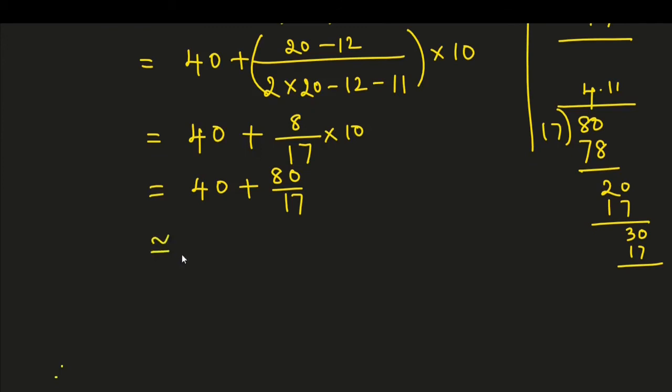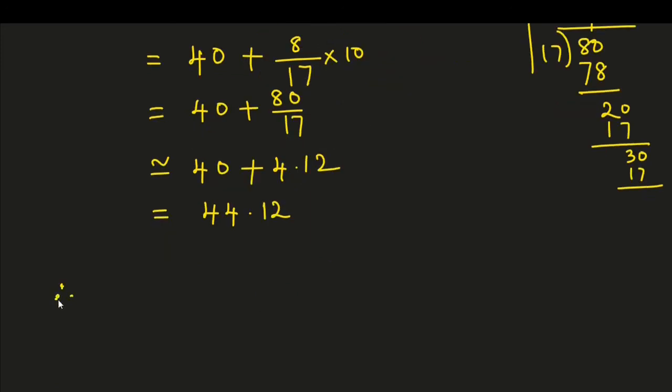So this is approximately 40 plus 4.7, which is equal to 44.7. Therefore, mode is equal to 44.7.